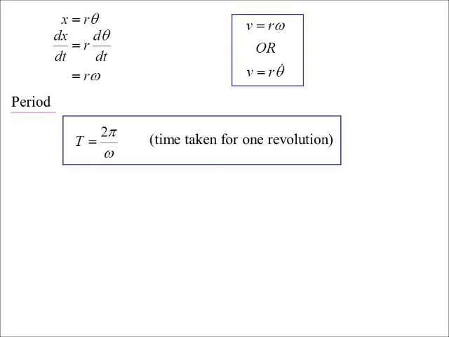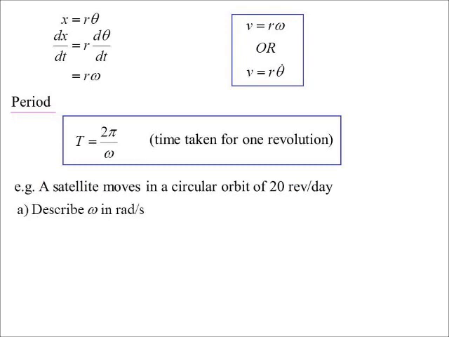All right, let's look at just a simple example. So we have a satellite circling around the Earth, and it does 20 revolutions in a day. So we want to know, how fast is that going? What's that actually in radians per second, not revolutions per day? Well, I convert it to radians. Now, one revolution is 2 pi radians.